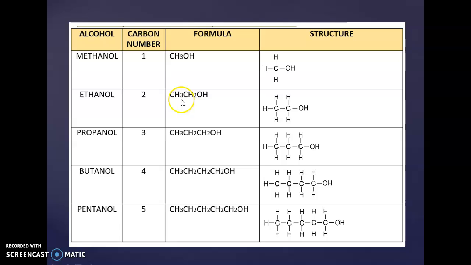Now this becomes CH3CH2, and one more CH2 is added here, then OH. This is propanol. Now 4 carbon atoms in the carbon chain, 1, 2, 3, 4. So this is butane, and the last E will be replaced by OL if it contains alcohol. So it is butanol, pentanol. Remember to write OL carefully.